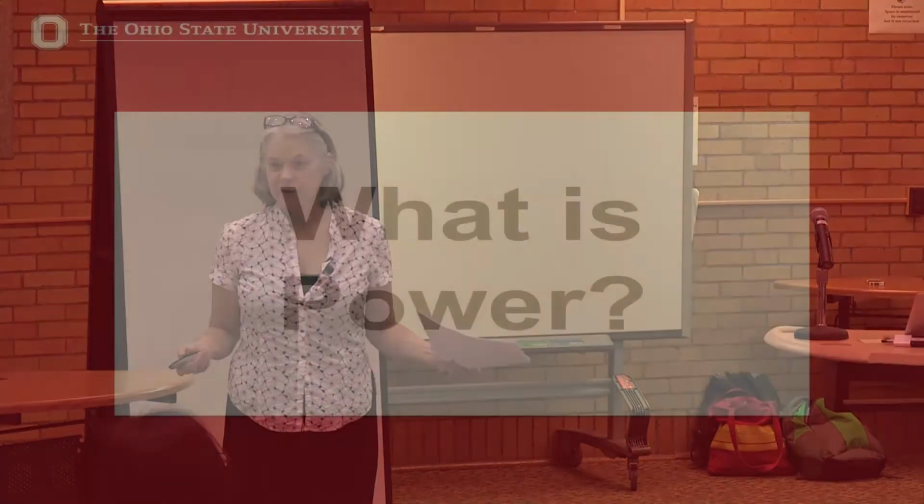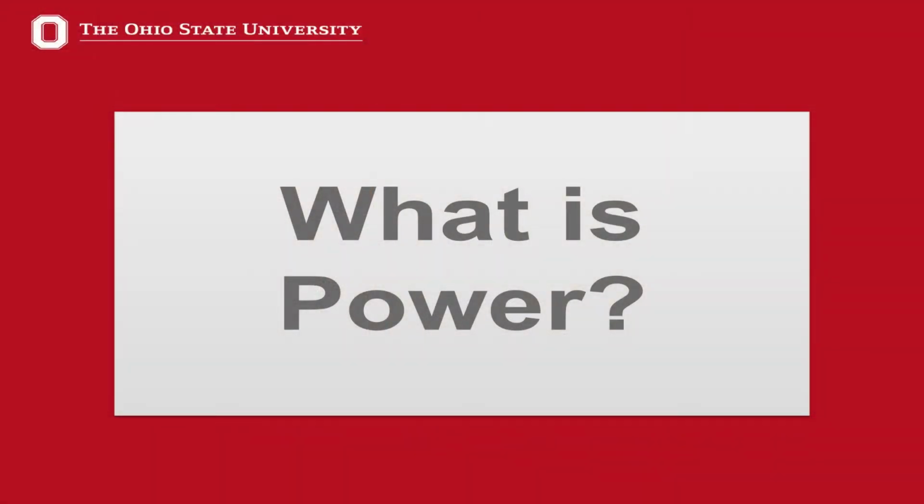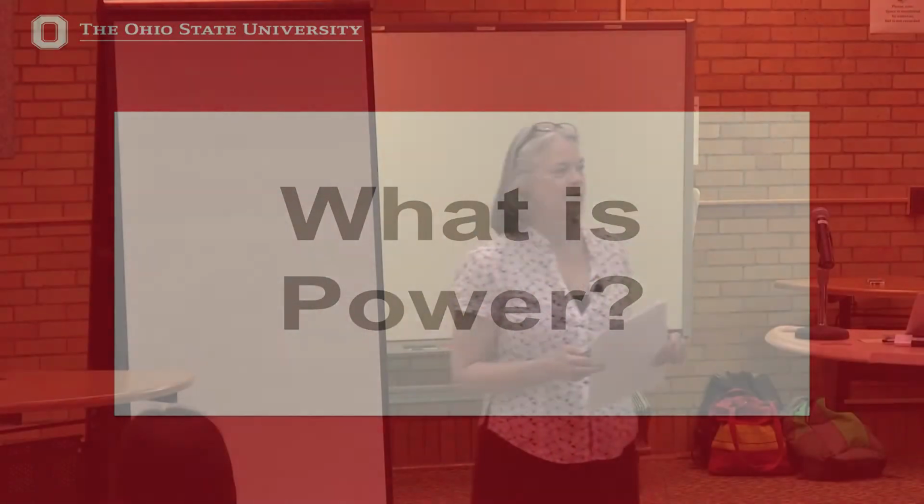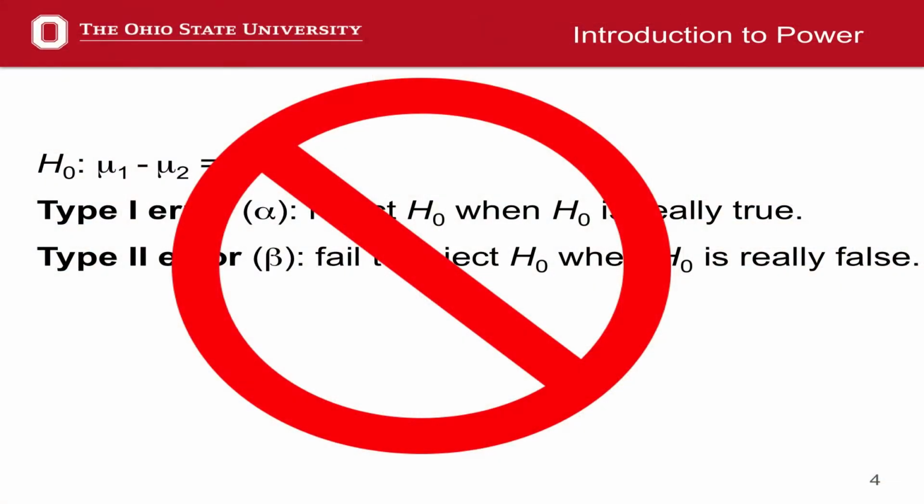So what is power? Well, before we even talk about what power is, it's helpful to review the difference between the two types of errors that you can make whenever you're making a hypothesis decision. So a type 1 error is when you reject H0 when H0 is really true, and a type 2 error is when you fail to reject H0 when H0 is really false.